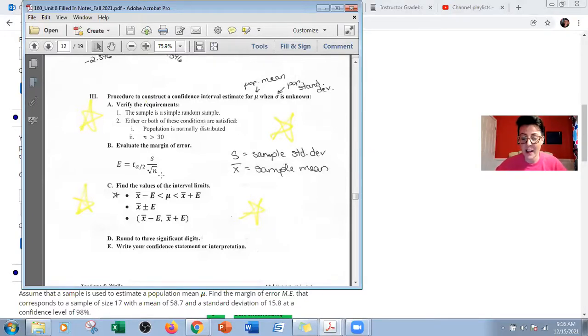Well, this time we actually do know the population standard deviation. Typically, you'll use t when you don't know the population standard deviation. But when we do, we use a Z score as our critical value. It's a little bit different.